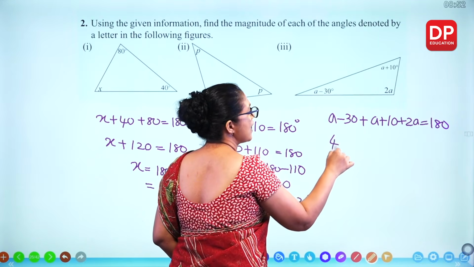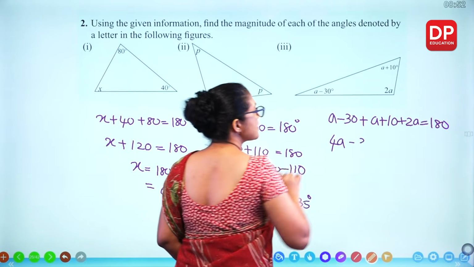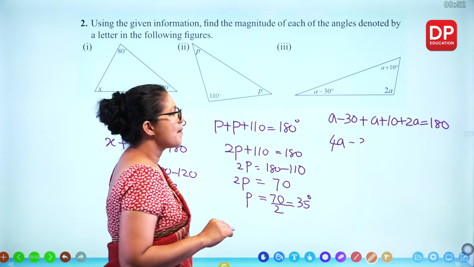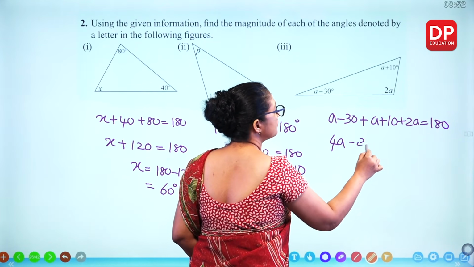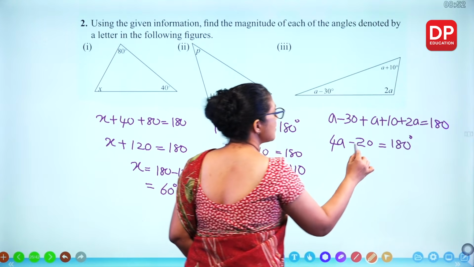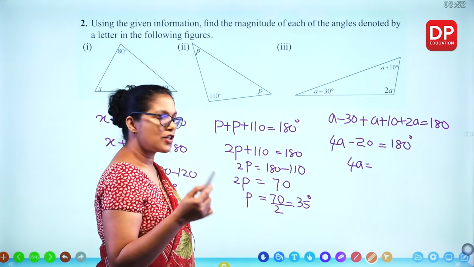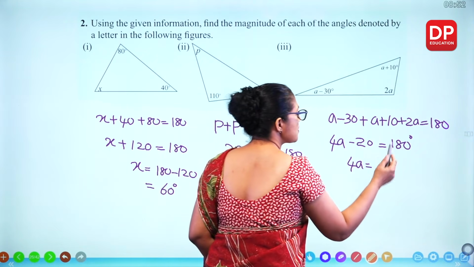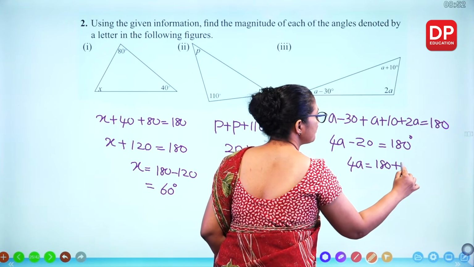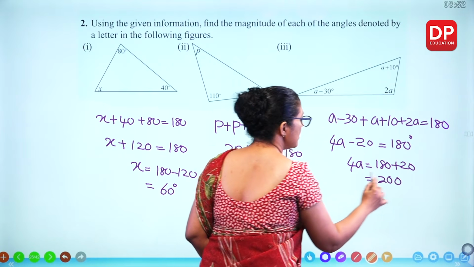You get 4A, minus 30 and plus 10, you get minus 20 is equal to 180. So 4A equals what? Minus 20, take it to the other side. That becomes plus 20. 180 plus 20 becomes 200.